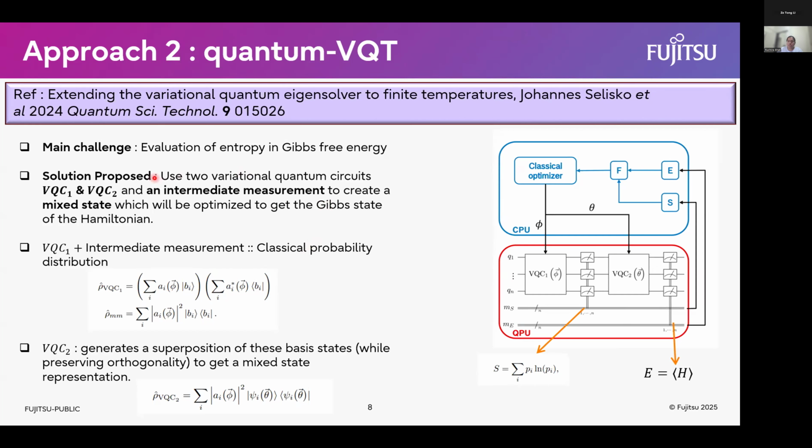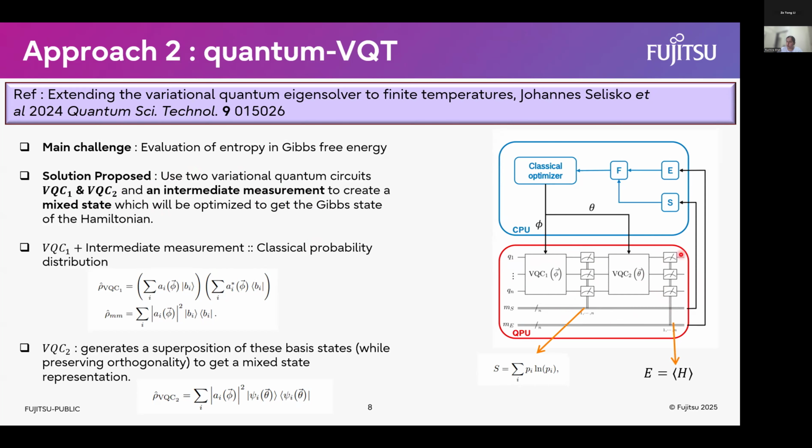The solution proposed uses two variational quantum circuits, VQC1 and VQC2, and we have an intermediate measurement after VQC1 in order to generate a mixed state at the final stage of VQC2.